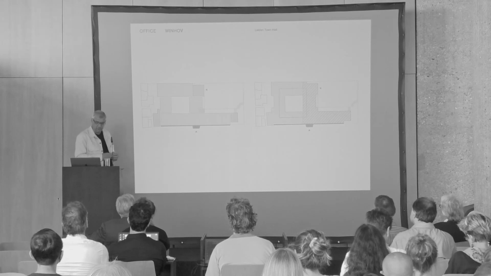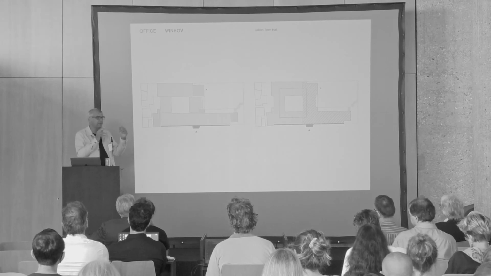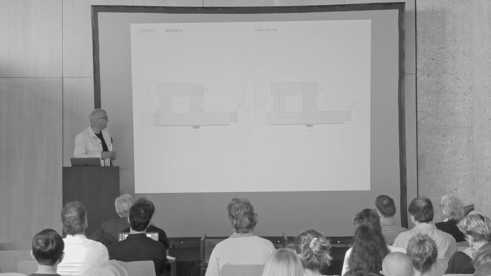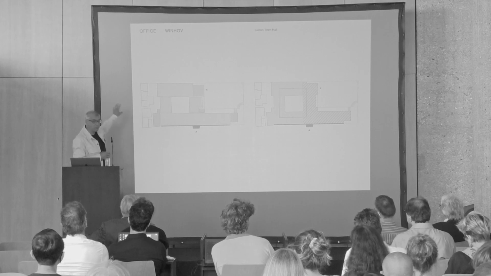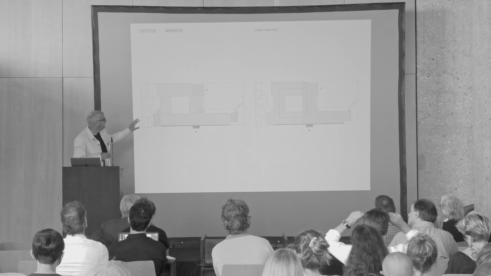The next step that he undertook was he started to cut up the volume in smaller volumes. Actually a series of houses almost, based on that same typological organization in order to make it fit with the surrounding urban tissue.